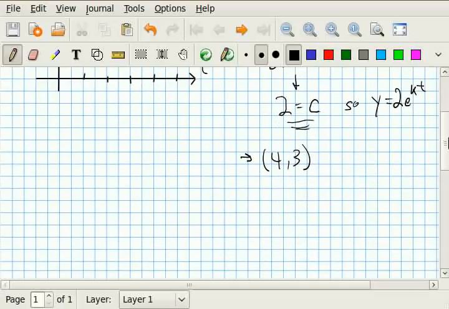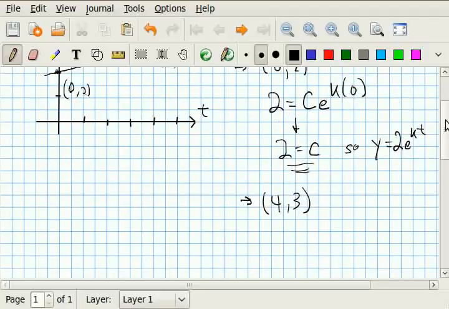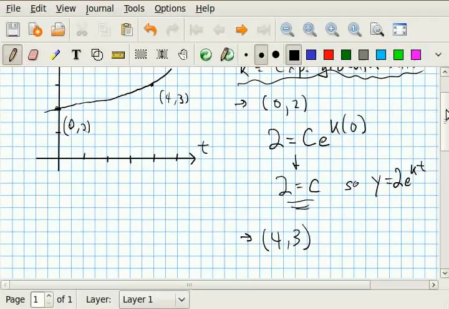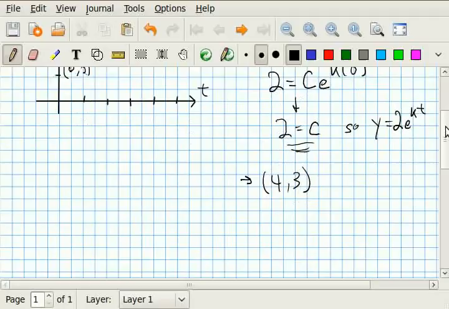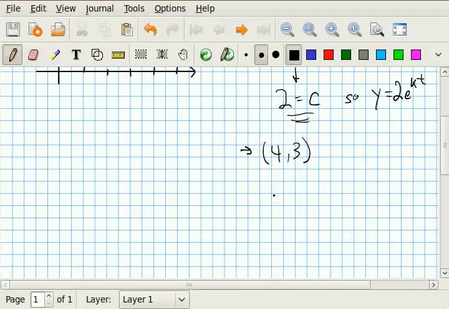The other point tells us that when t is 4, y will be 3. So we know that 3 has to be equal to 2 times e to the power k times 4.